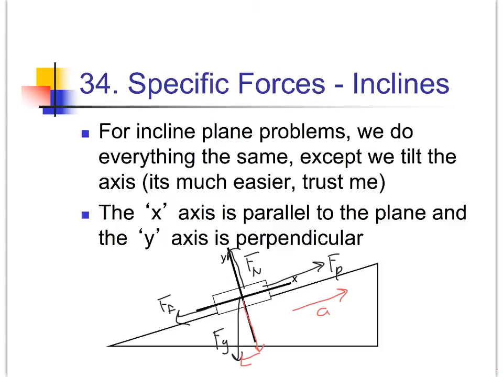Whatever the angle is of the incline down here ends up being this upper angle in our triangle showing the components of the force of gravity. So the y component ends up being Fg cosine of theta, and the x component ends up being Fg sine of theta. So that's going to be our basic setup.